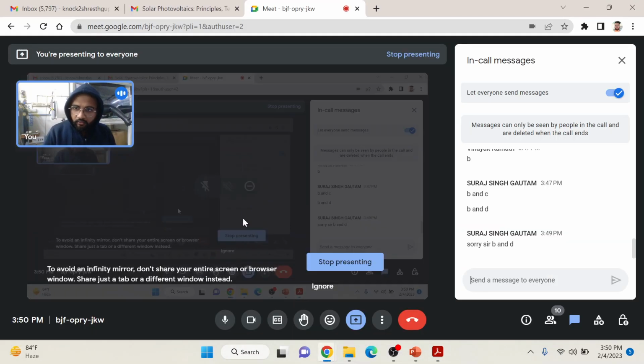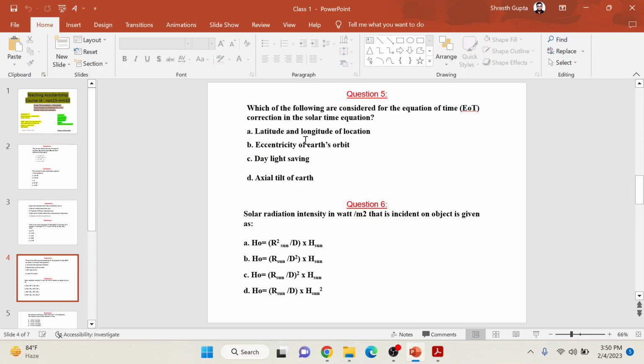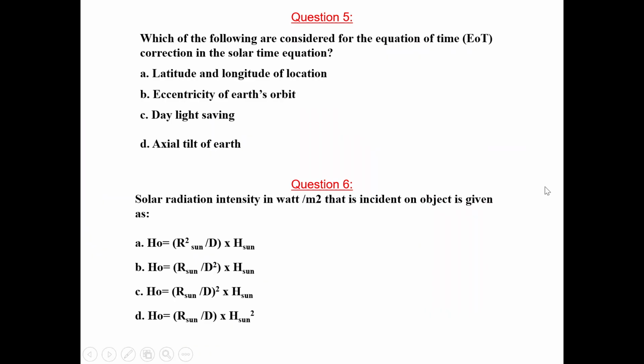So the equation of time is itself free of the latitude and longitude of a place. The correct answers are the eccentricity of Earth's orbit, which is definitely a very major factor, and the axial tilt of the Earth. This is why these were considered for the solar time equation. Okay, this is right. Let's move to the next question.